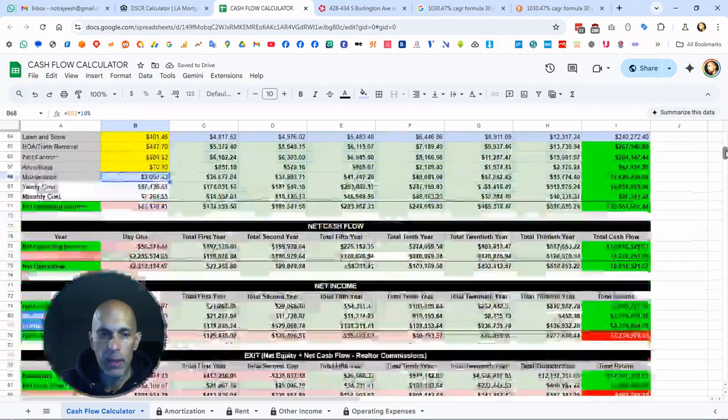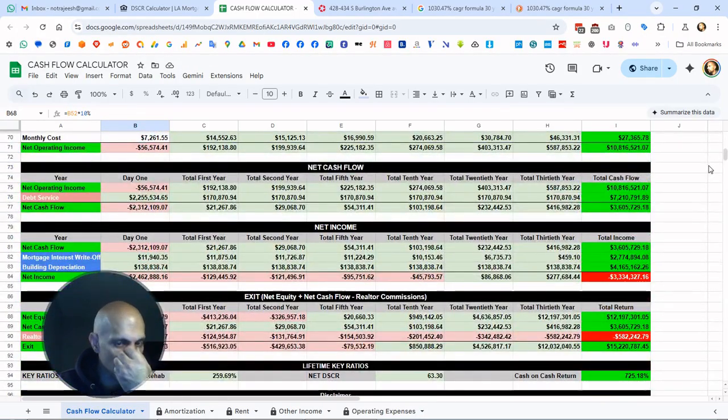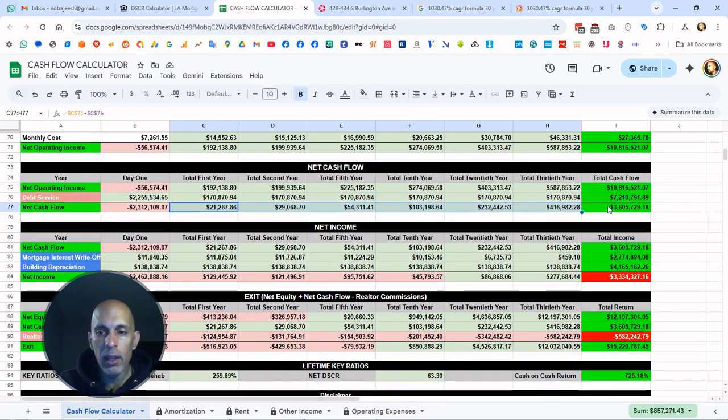And so by staying conservative like that, by not pulling out extra cash, just enough to cover your original cash investment, you are now still cash flowing. Your cash flow after the 30 years, after doing the refinance, is 3.6 million. Your income write-offs are still more or less the same.